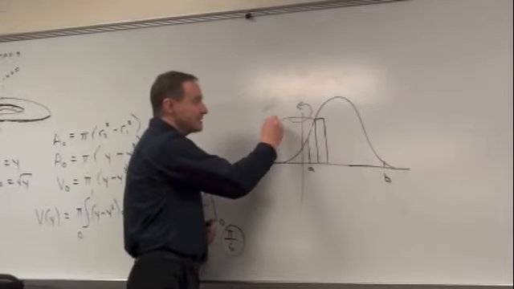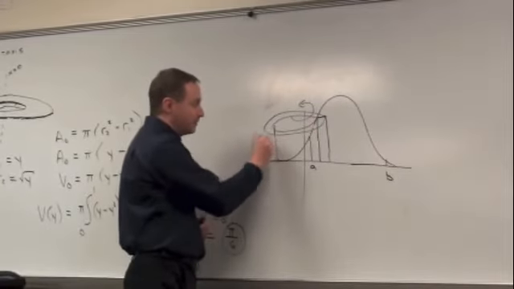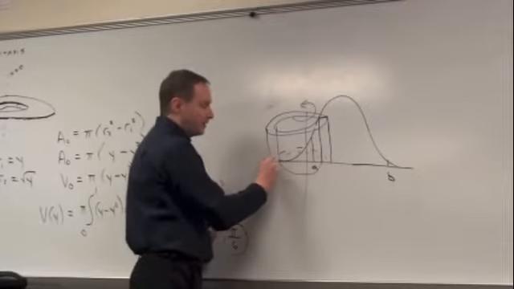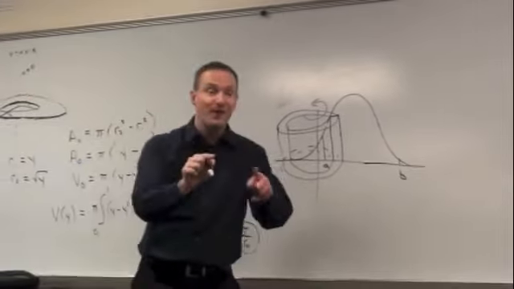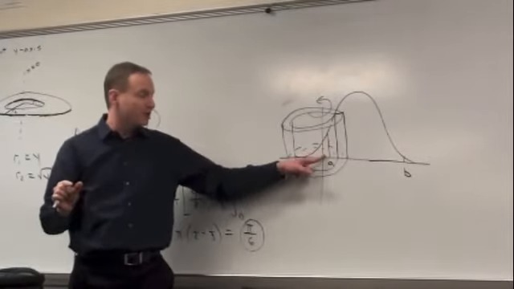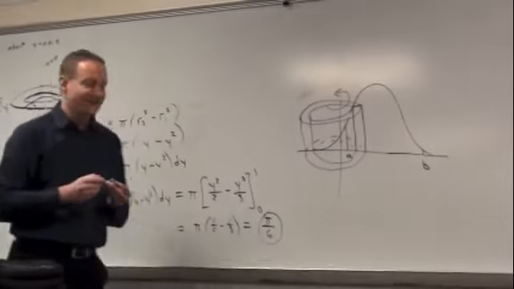Rotate every single one of these rectangles about the axis of revolution, and you get a cylindrical shell that results from that axis of revolution. You're going to sum up the volume of every shell from where the shells begin to where the shells end. So that's what's coming.